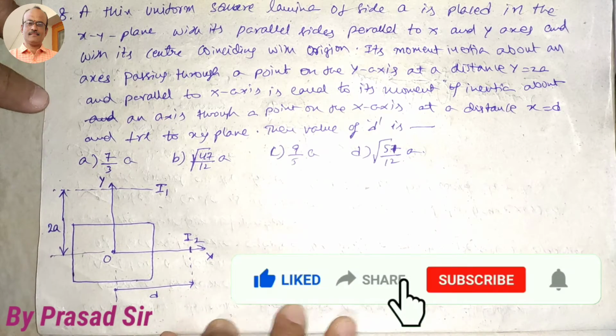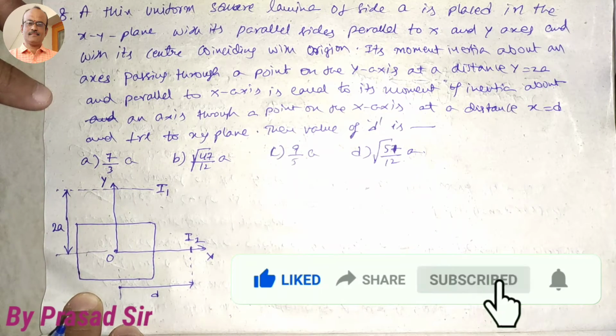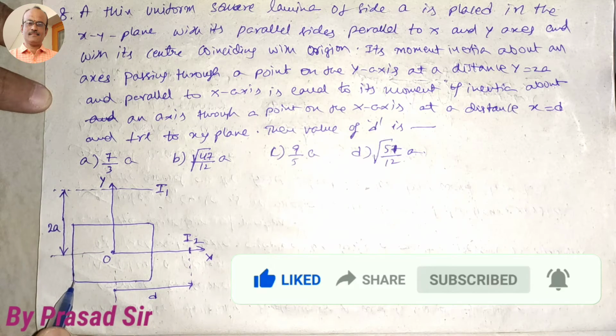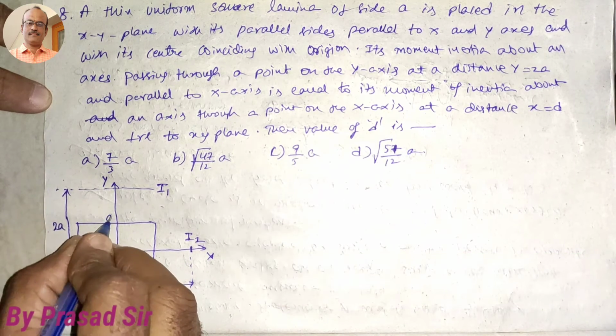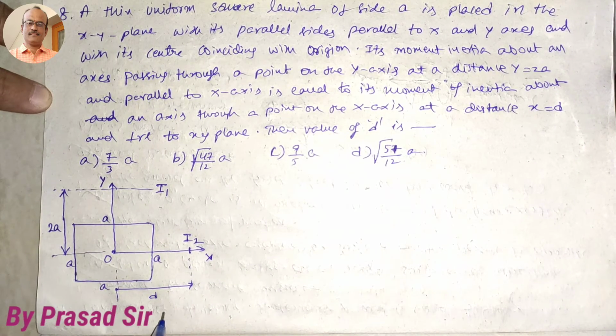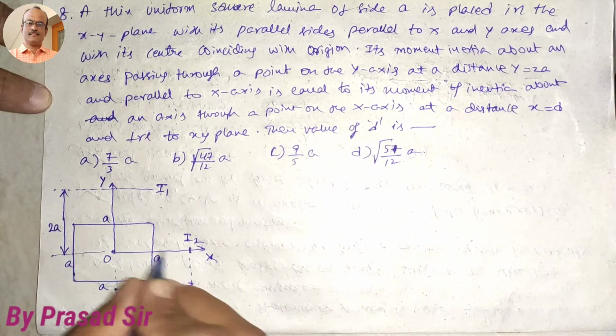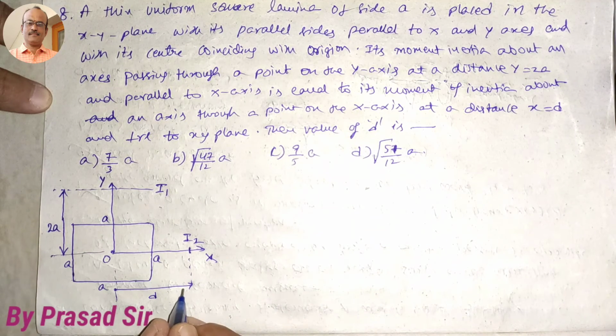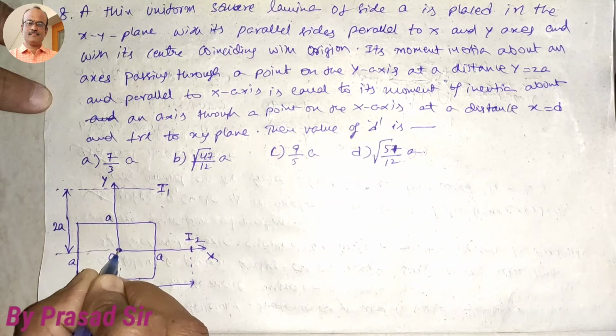To answer this question, we have to draw the diagram like this. A thin uniform square lamina of side a, that means this is side a, and this is side a, and this is side a, and this is side a, is placed in the XY plane with the sides parallel to the X and Y axis and with its center coinciding with the origin.